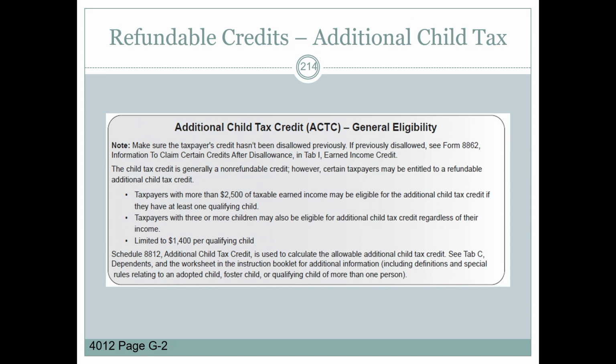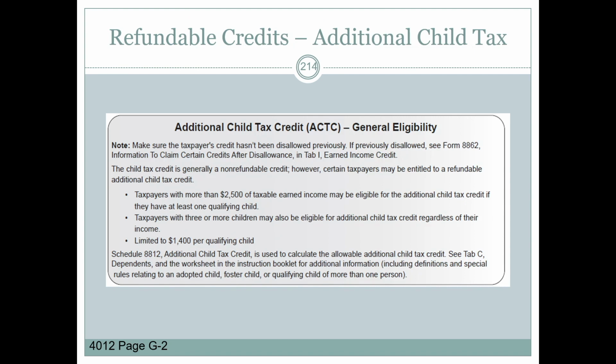Taxpayers with 3 or more children may also be eligible for the additional child tax credit regardless of their income. There is a limitation of $1,400 per qualifying child. And here again, you don't have to worry about how this is being calculated because TaxSlayer is going to automatically calculate this for you based on the information that you have input into TaxSlayer from the intake sheet.